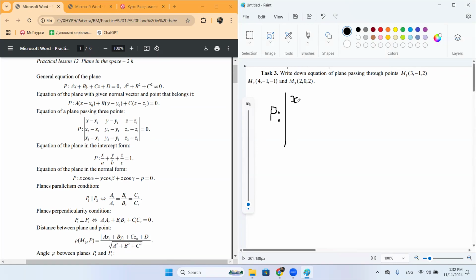So x minus 3. Be attentive when writing down such equations. Beginners often make mistakes confusing the indices. Remember that you always subtract the coordinates of the first point that you take. Of course, I could have taken another point as the first one, but the result won't change.